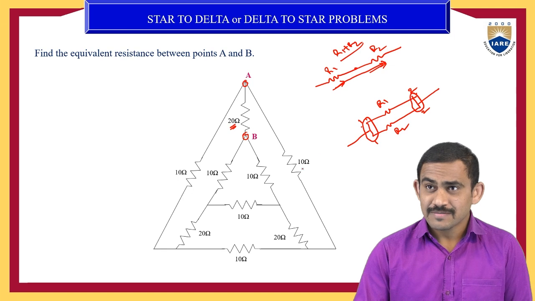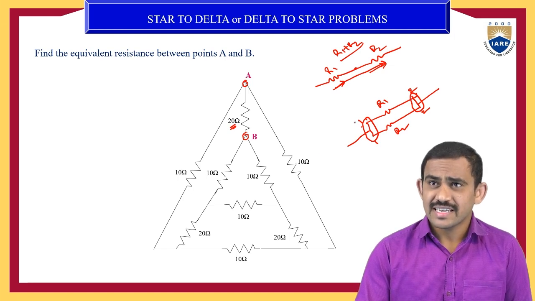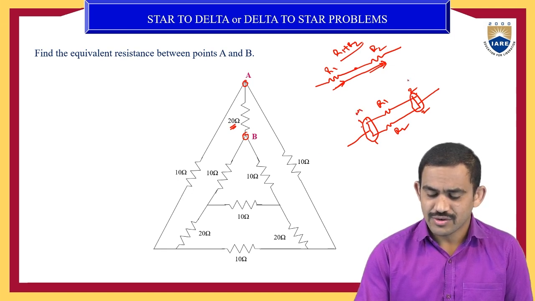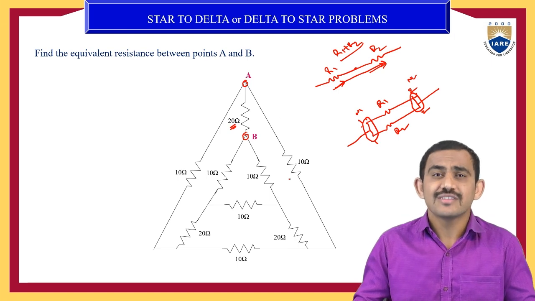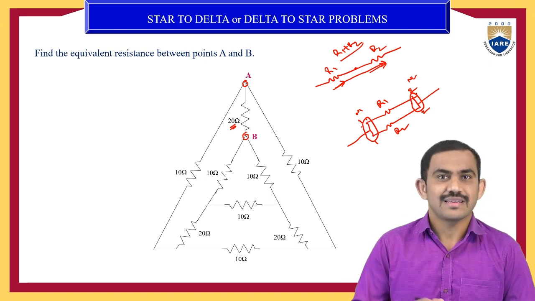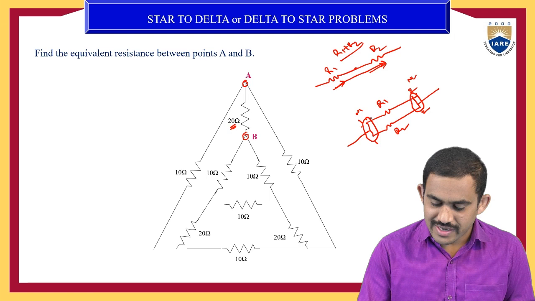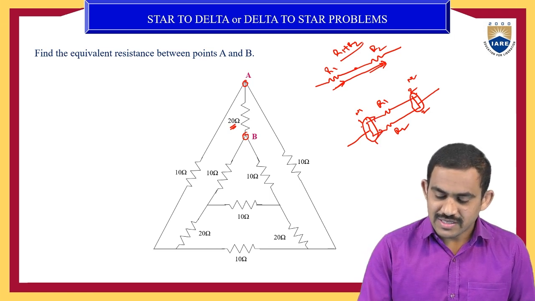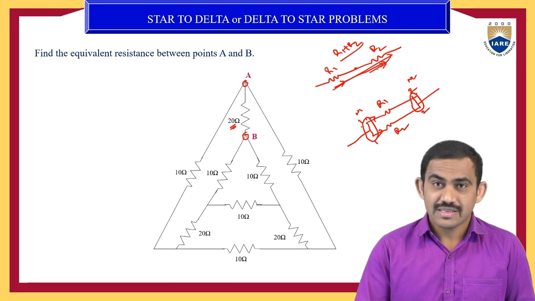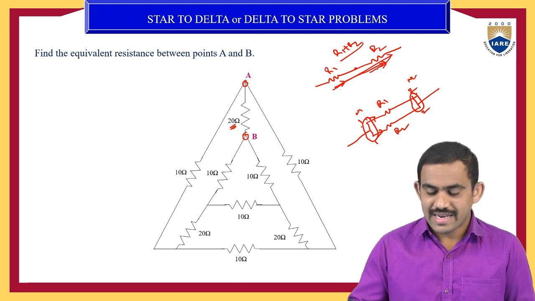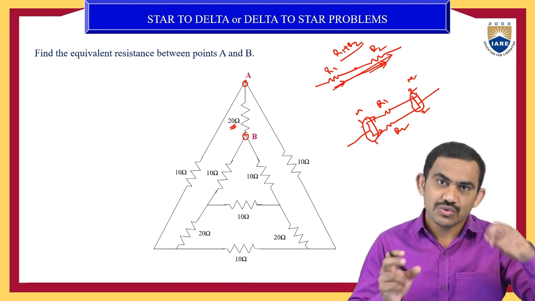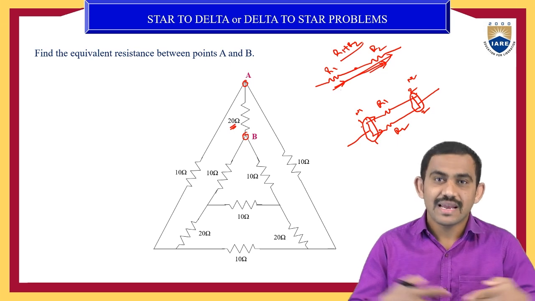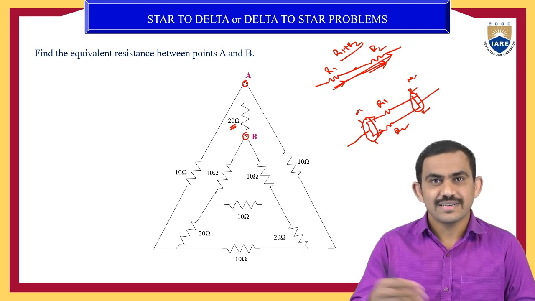So node 1 and node 2, both are connected at the same nodes. That means both are in parallel, and the current is divided at the node. In series, the current will be the same and they are connected in one branch. Between two nodes, they are connected in parallel. These are series and parallel.